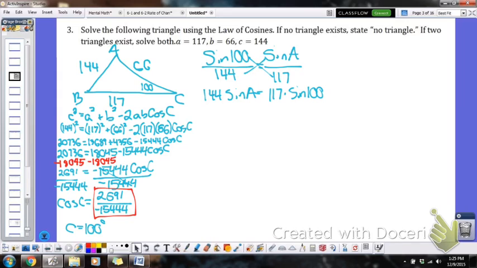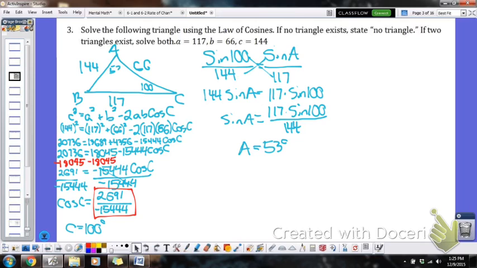Divide both sides by 144. I get the sine of A is equal to 117 times the sine of 100 over 144. And I just take the inverse sine of that to get A equals 53 degrees.